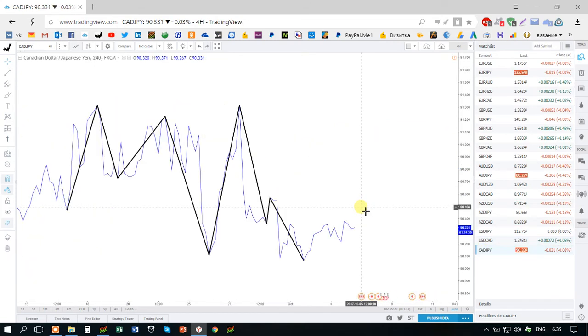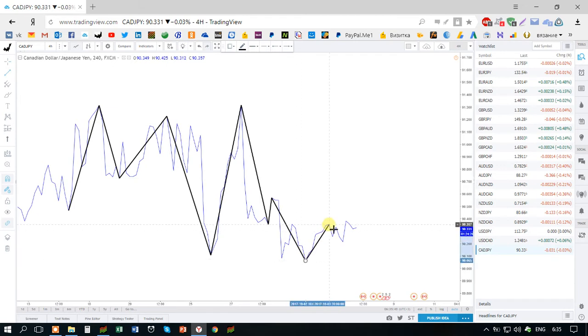The only thing is the additional margin, additional risk, and that depends on your risk management, your risk appetites. If you feel good having drawdowns of 15%, maybe 20%, then it's up to you.